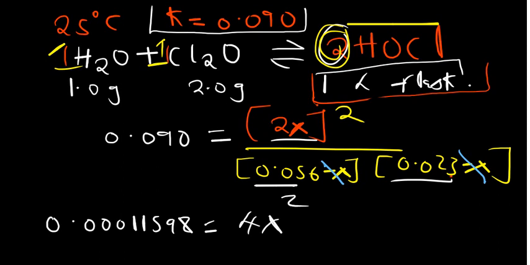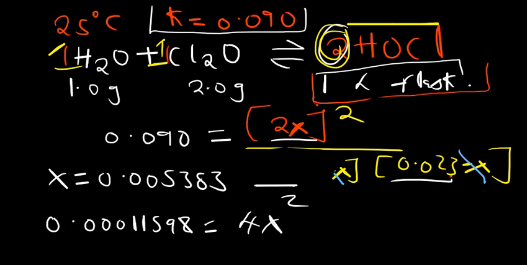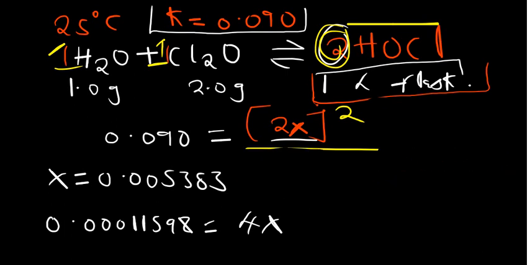Divide by 4, then find the root on the other side. So the value that I'm getting for x is 0.005383. In scientific notation, the value that we are looking at is 5.38 times 10 to the power negative 3. That is our value of x.